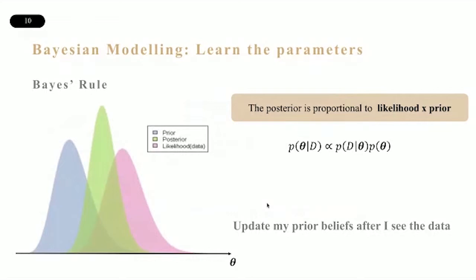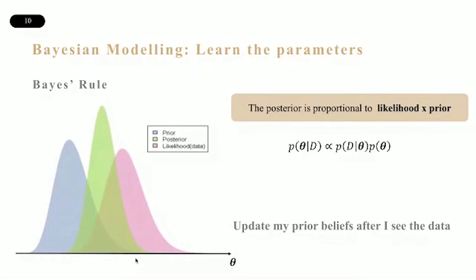I have plotted with pink the likelihood, the distribution of the data for the parameter, and then I have plotted with green the posterior. As you can see here, I have two driving forces about my updated belief, the blue one from the prior and the pink one from the likelihood. And the posterior, which is the green, is exactly in the middle. That means that in a way, it compromises between the two different driving forces.